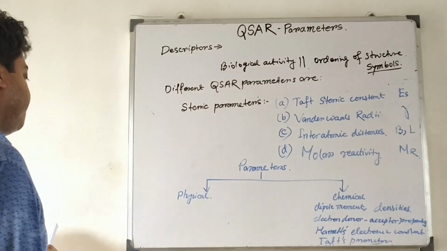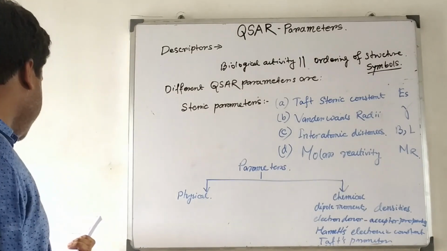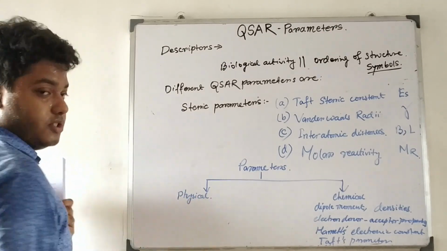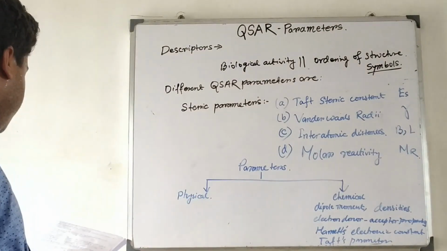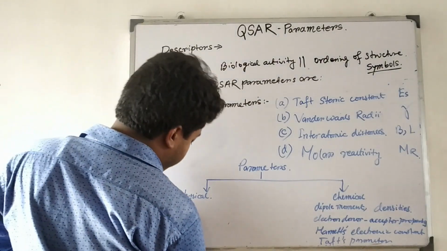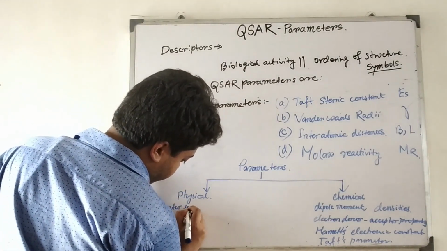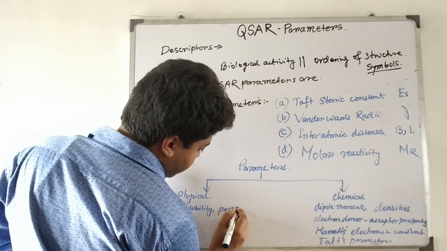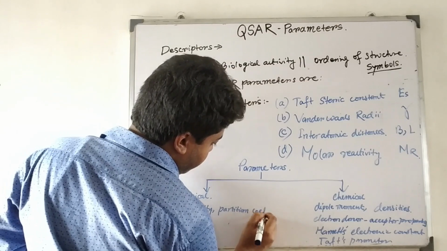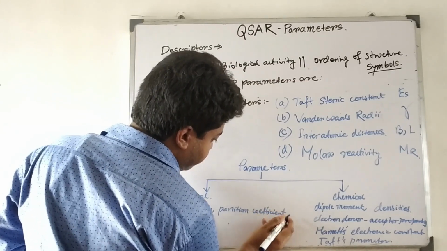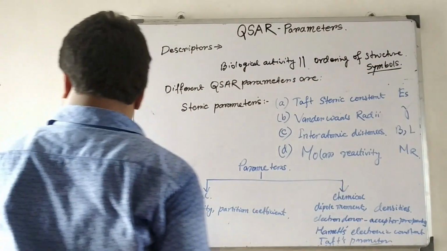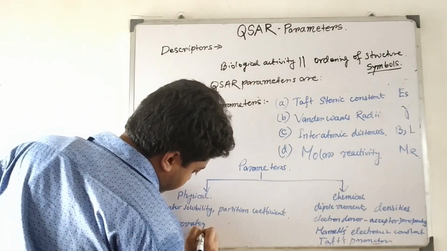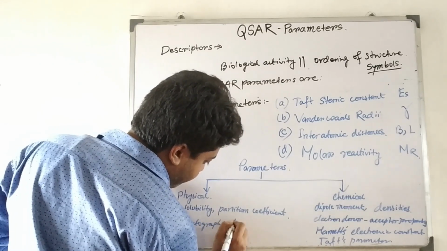In physical parameters, we generally deal with the basic skeleton of the structure. Here we consider water solubility, partition coefficient, then chromatographic Rf value.